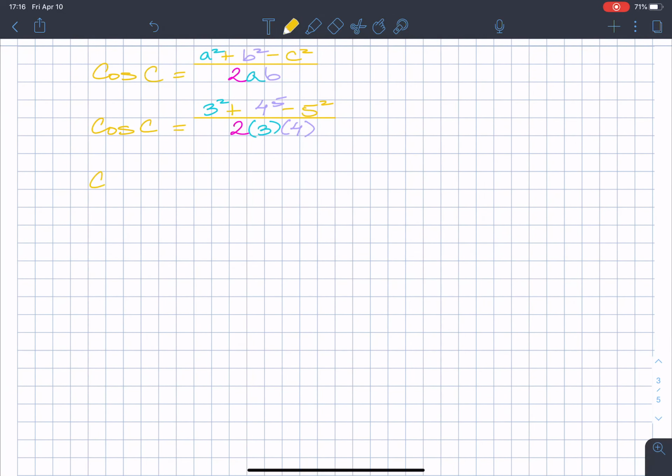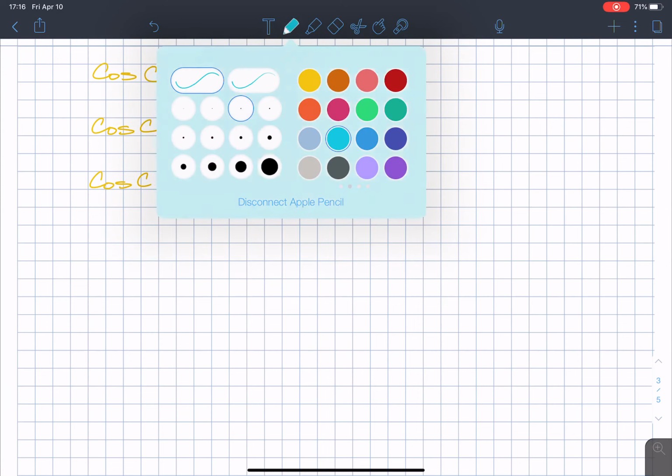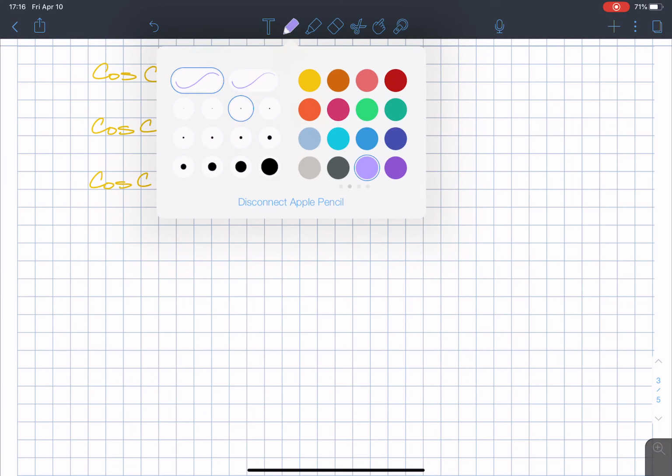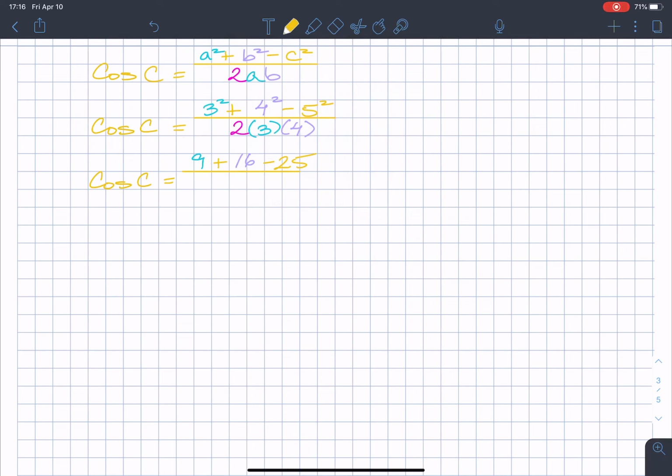So we have cosine of angle C will be 9 plus 16. Oh, why do I have that raised to the 5th? It should be raised to the 2nd. Minus 25 all over 2 times 3 is 6 times 4 is 24.